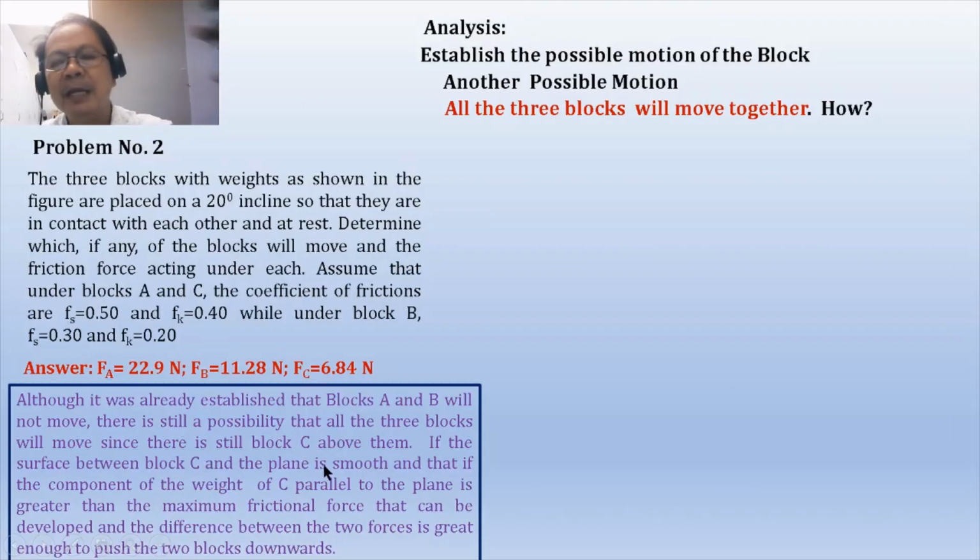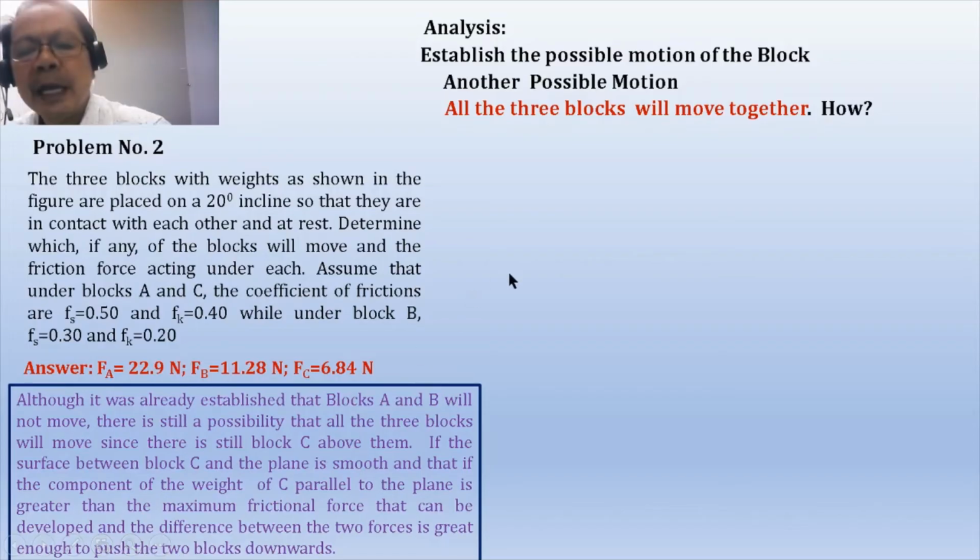There is still block C above them, right? This happens if the surface between block C and the plane is smooth, or if the component of the weight of C parallel to the plane is greater than the maximum frictional force that can be developed under block C, and the difference between them is great enough to push the two blocks downward.